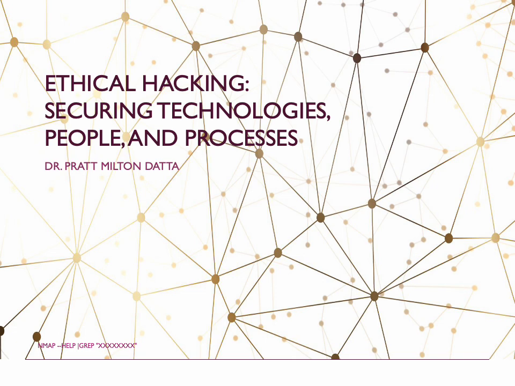So oftentimes what hackers will do is hack people and processes first. That's why you see everything from phishing emails to process deficiencies, supply chain attacks, and so forth. Keep in mind people, processes and technologies, not just one of them.